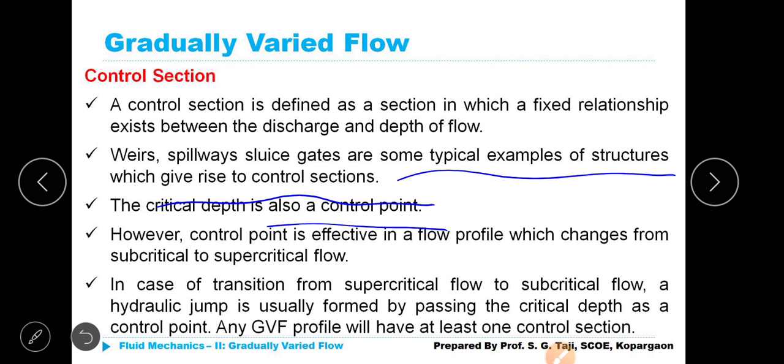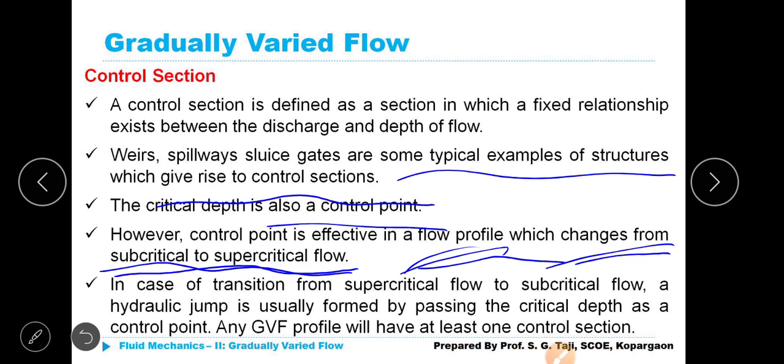However, a control point is effective in a flow profile which changes from subcritical to supercritical flow. Always the change is from subcritical to supercritical flow, wherein the control point is effective.